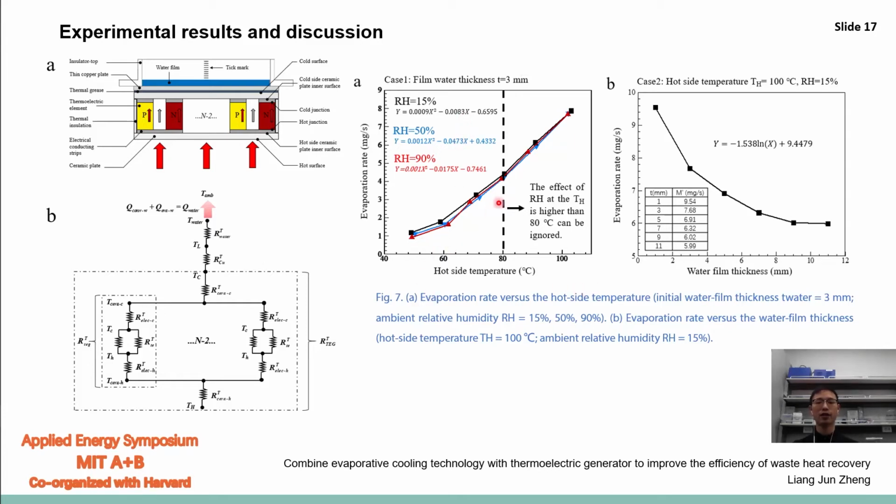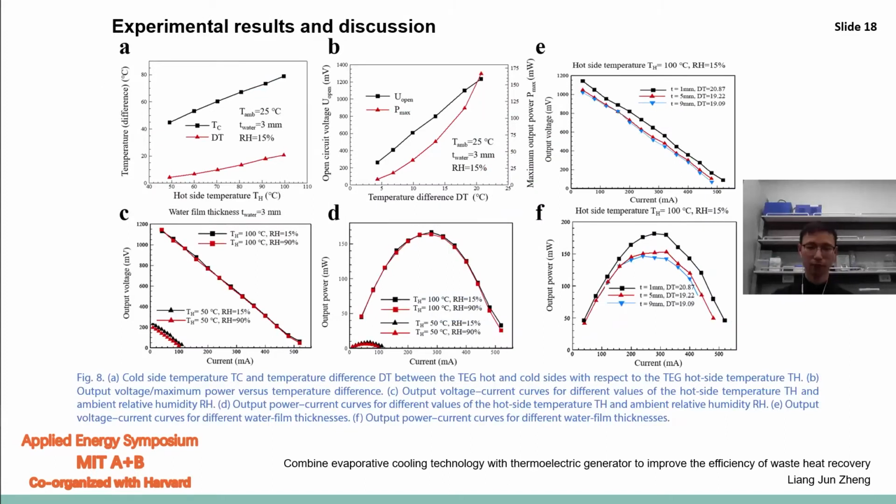We can get this kind of evaporation rate curve. In case 2, we fix the hot side temperature and relative humidity and change the water film thickness. We can get this kind of evaporation rate curve and get the fitted equation. So then we will know how to fix the water film thickness.